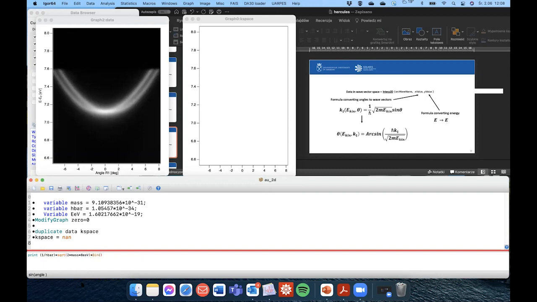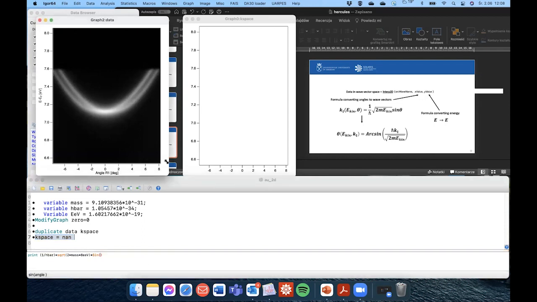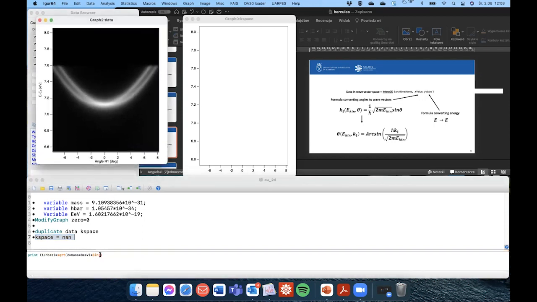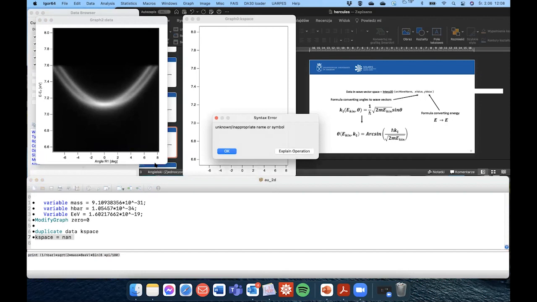And that should be the sinus of the maximal value of our x axis. And in our case, it will be something about 8 degrees, but we have to convert that to radians. Okay, and that should work.